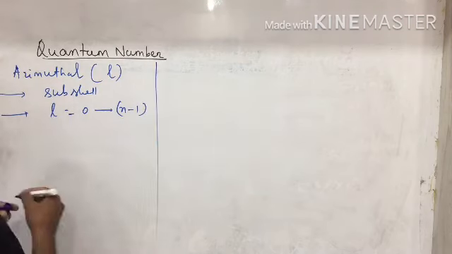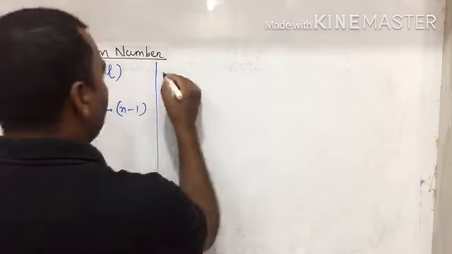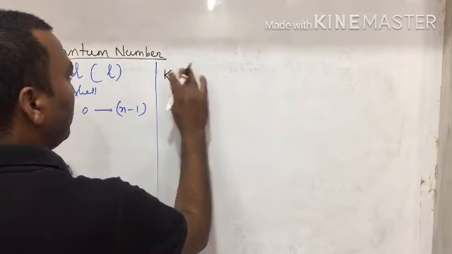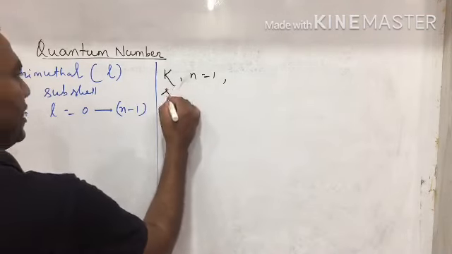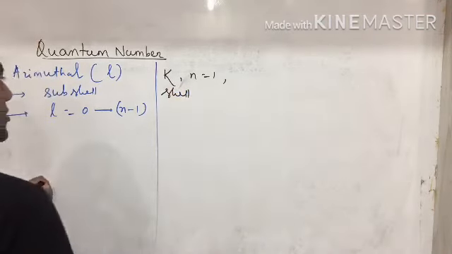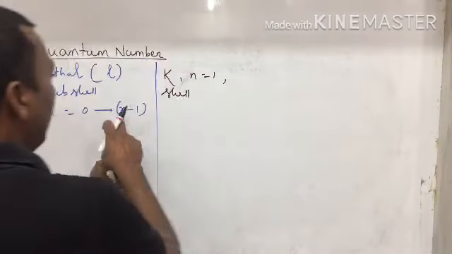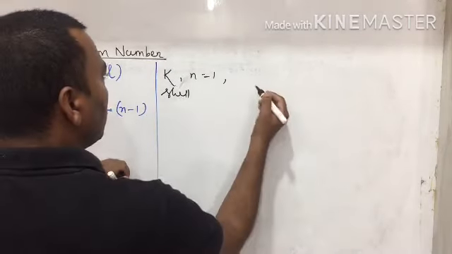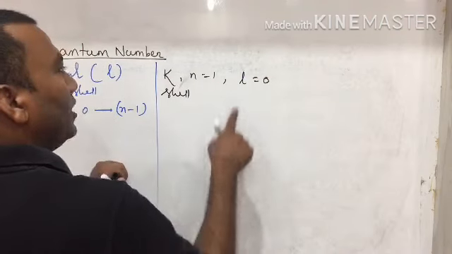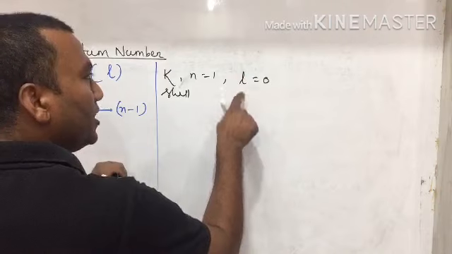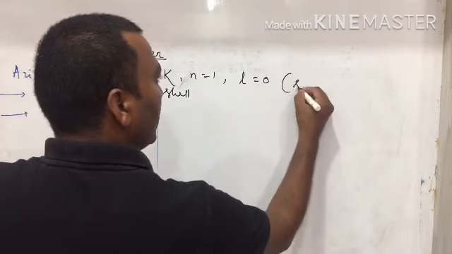So in the K cell, what is the n value? For the K cell, n equals 1. So how many subcells are present in the K cell? 1 minus 1, that is 0. So here l equals 0. That means in the K cell, only one subcell is present whose l value is 0, which is known as the s subcell.